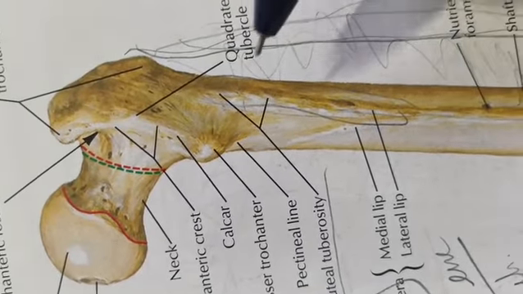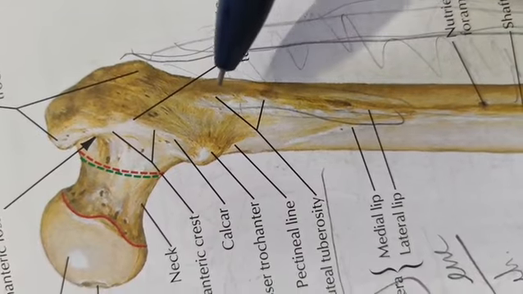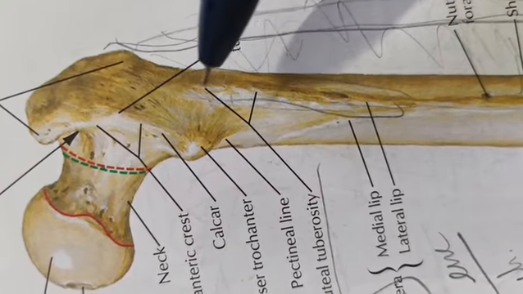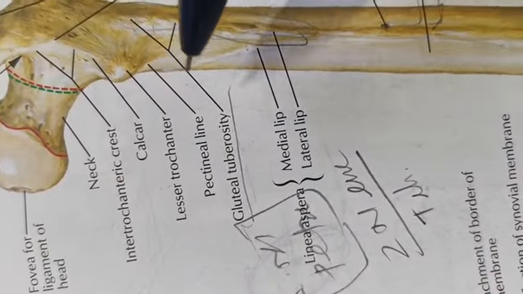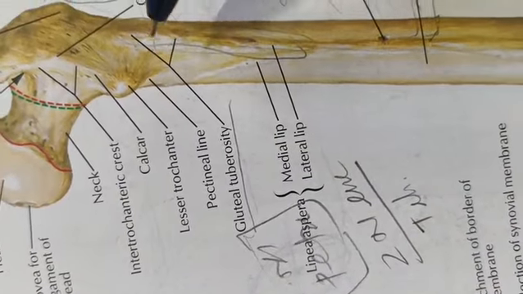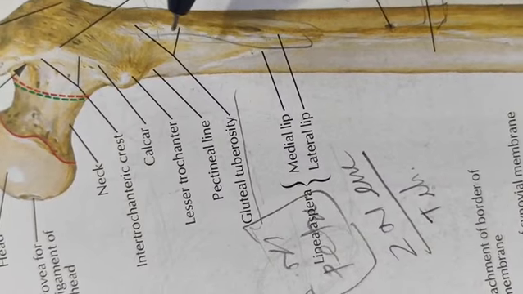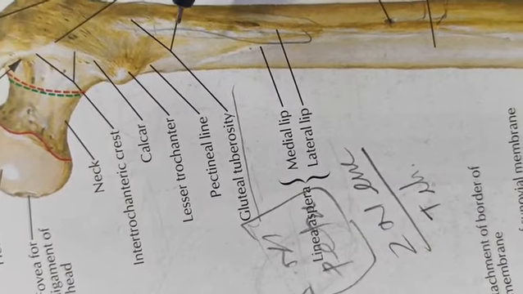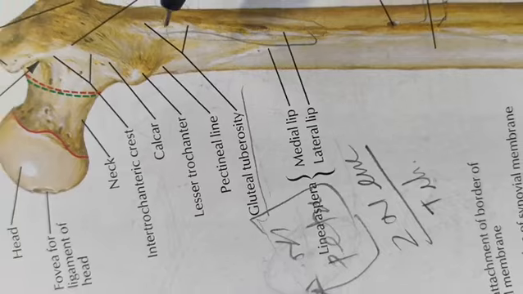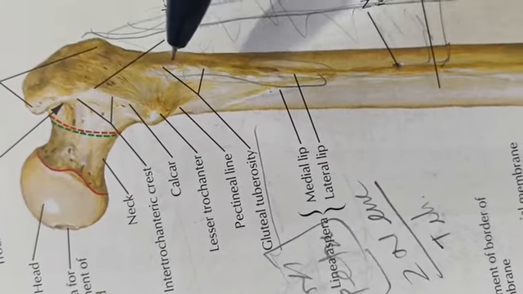And see here, this rough bony ridge is known as the gluteal tuberosity, right over the posterior surface, lateral part.